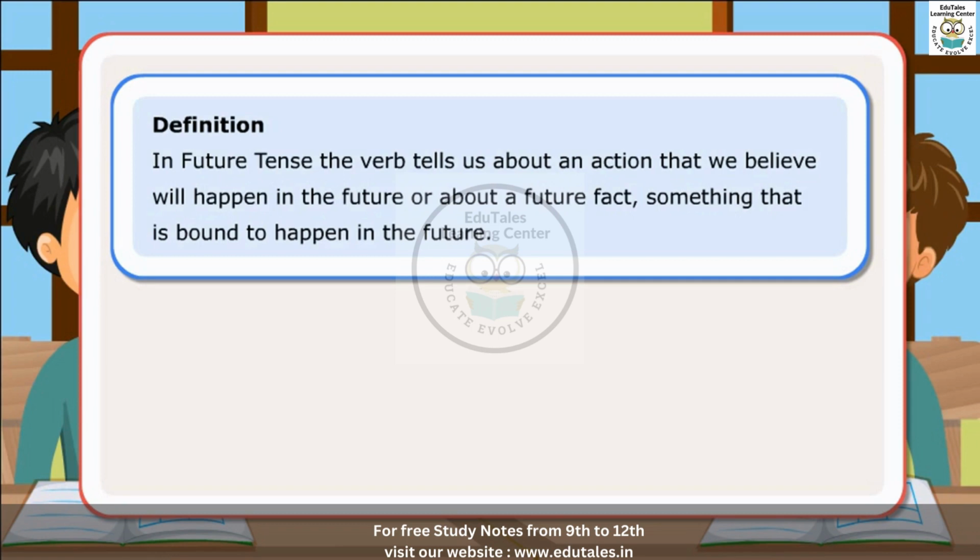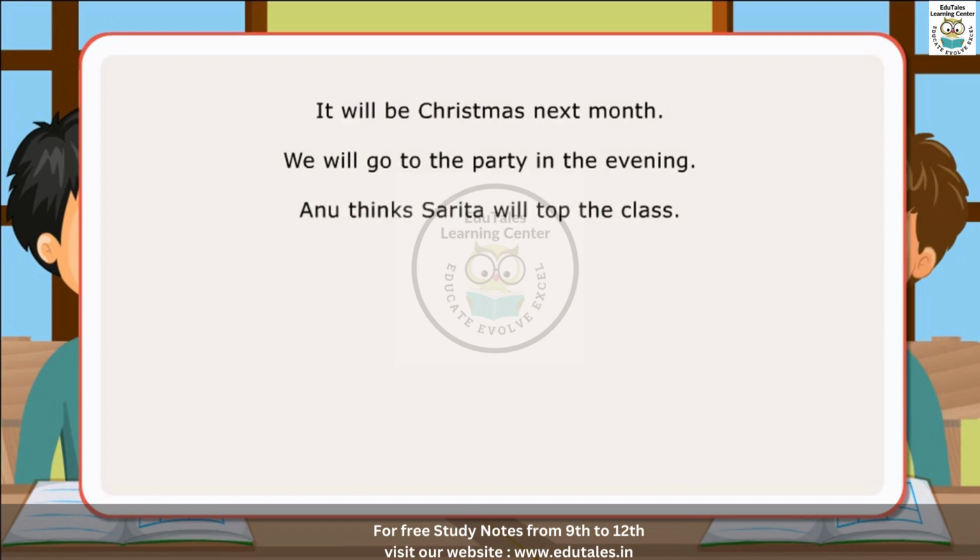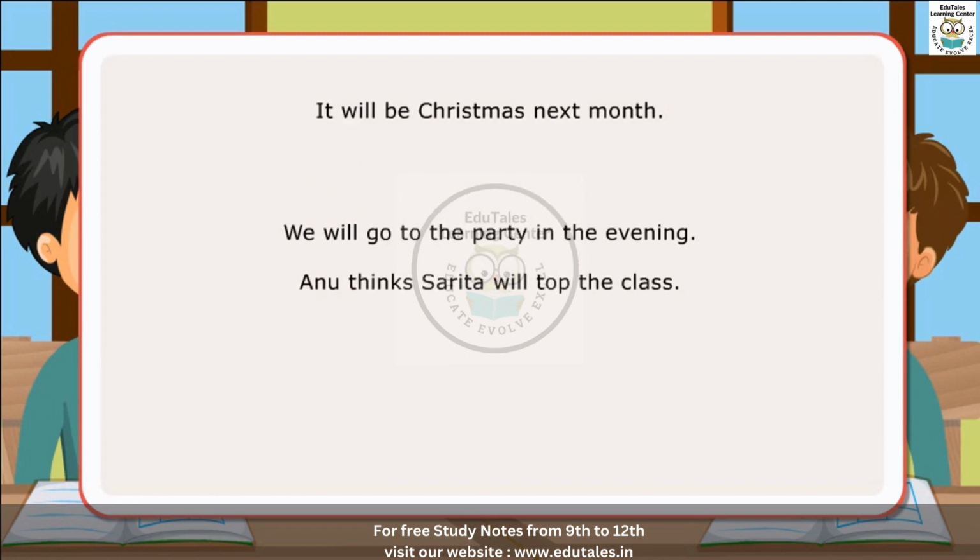Let us look at few sentences. It will be Christmas next month. We will go to the party in the evening. Anu thinks Sarita will top the class. In the first sentence, the verb will be tells us a future fact and is future tense.